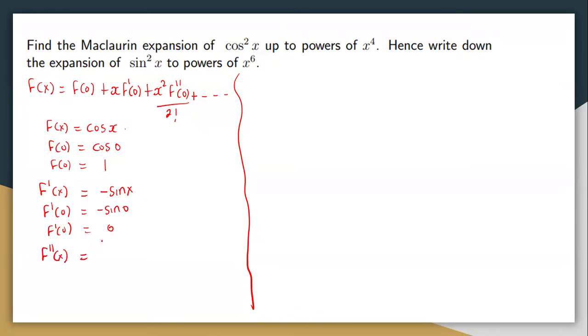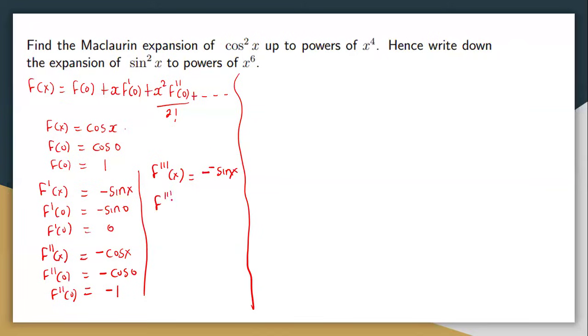I go to the next one, f double prime of x. When you differentiate negative sine x, you get negative cos of x. So f double prime of 0 will give you negative cos of 0, which gives us a negative 1. Continue to f triple prime of x. Remember, we stopped at negative cos. So when I differentiate, I'll end up with positive sine of x.